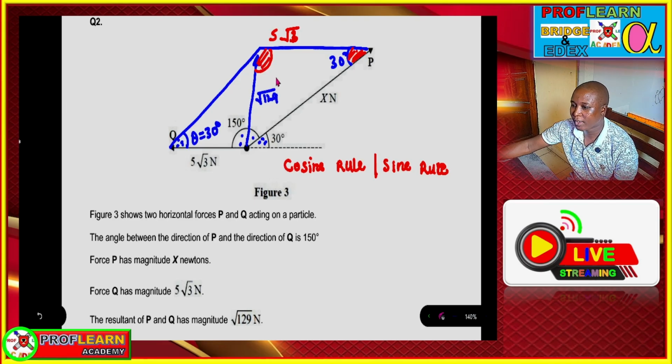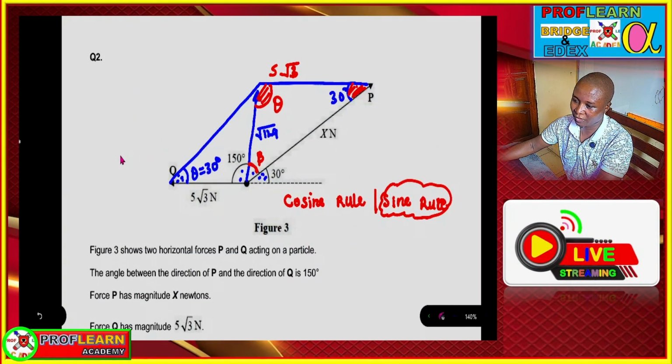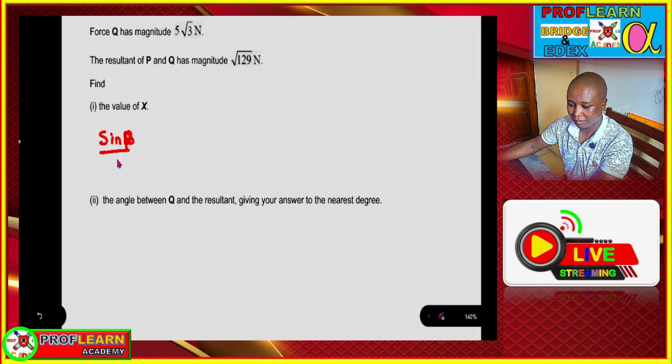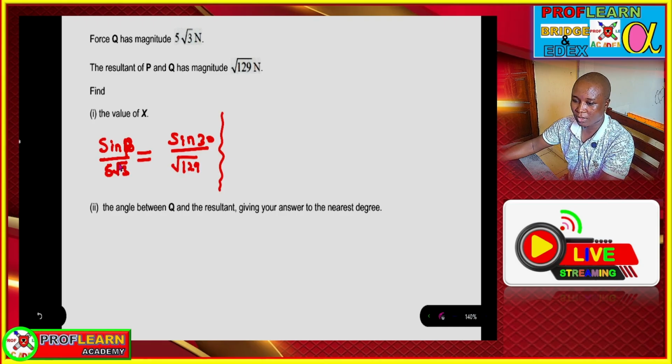We want to find this angle. If we use the sine rule, we apply opposite: sine beta over 5 root 3 is equal to sine 30 divided by the opposite side, root 129.